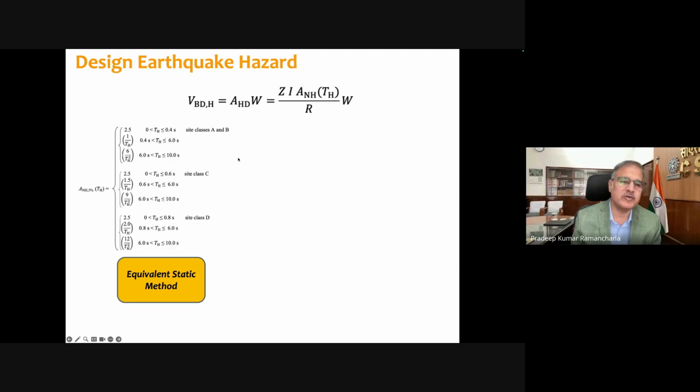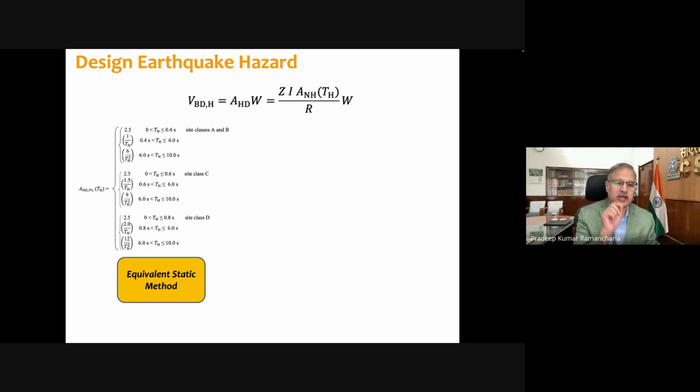One is up to 0.4 seconds, that is 2.5, then from 0.4 seconds up to 6 seconds, and then 6 seconds to 10 seconds. Coming to site class C, again it is extended up to 0.6 seconds because of the flexibility, and then for site class D up to 0.8 seconds, that is 2.5.